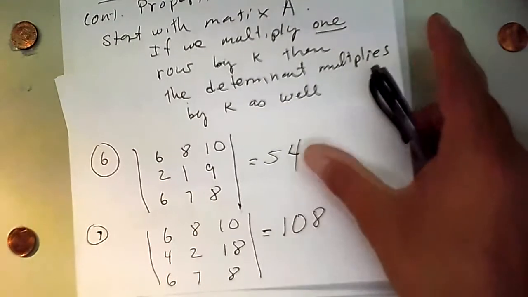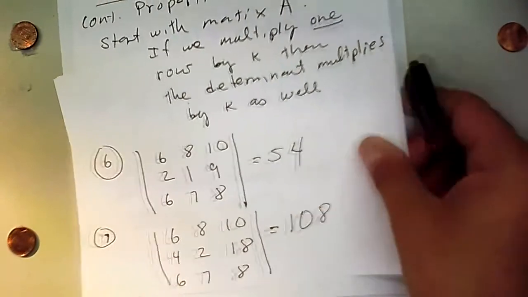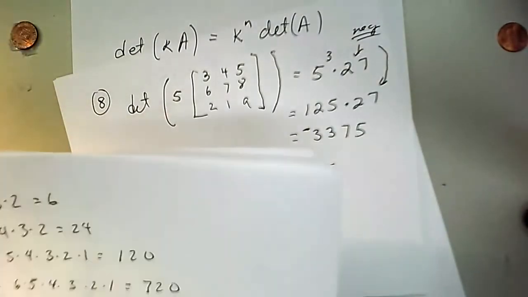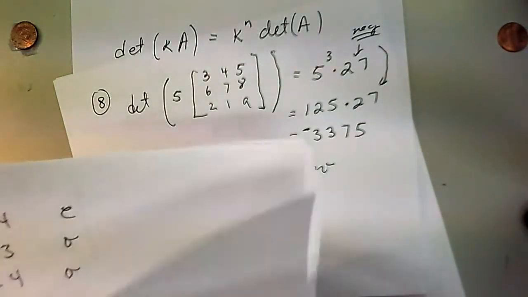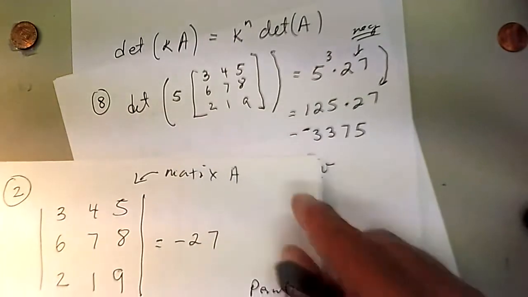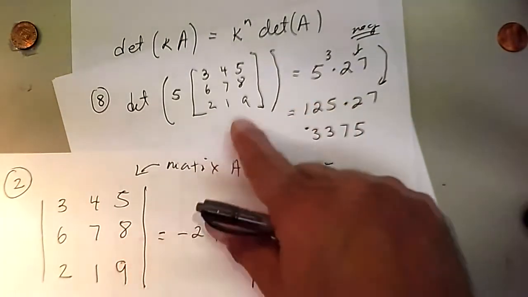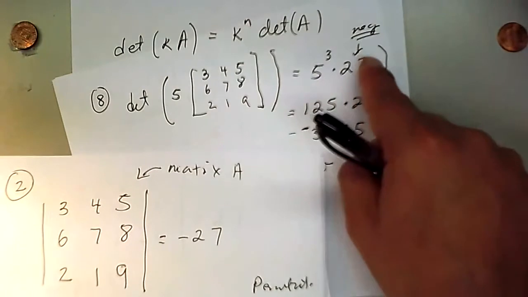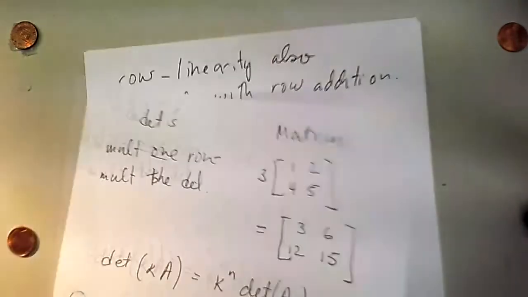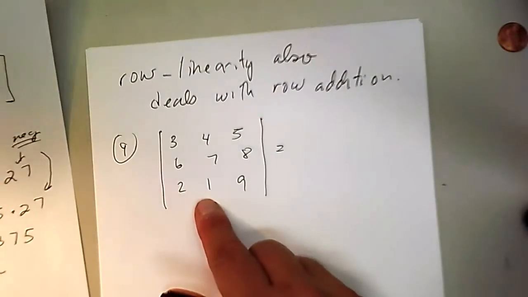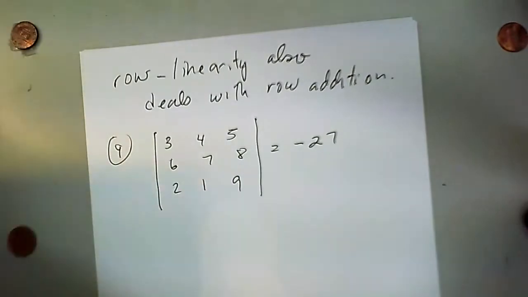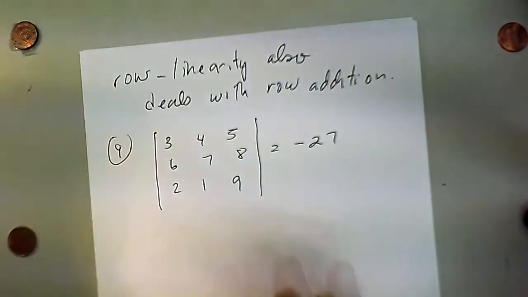And here the swapping was preserved in example 6 and 7. In example 8, I went back to the original matrix. Yep. So there was no swapping of rows, so there should be a negative 27. Okay. Whoa. Okay, so this guy is going to be negative 27. Okay, now that that is clear, let's move on.